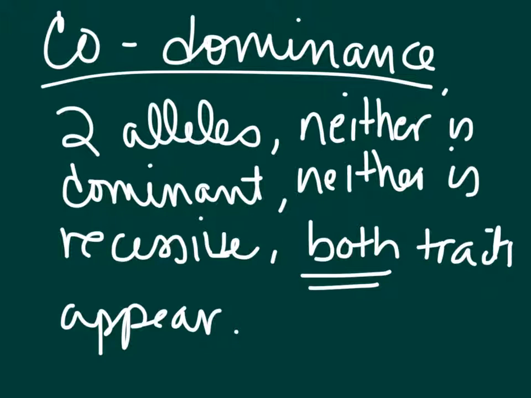Weirdly though, in all their different chicken varieties, there's an allele in chicken that controls their feather color. They can either have black feathers, and that will make a black chicken. They can have white feathers.